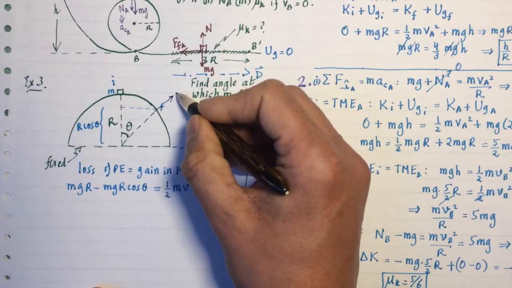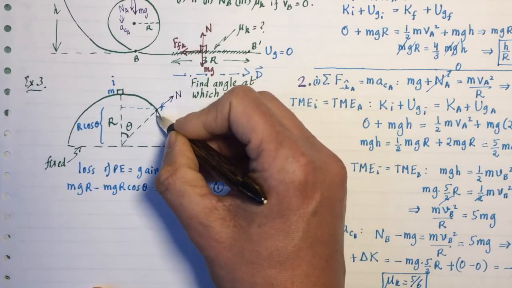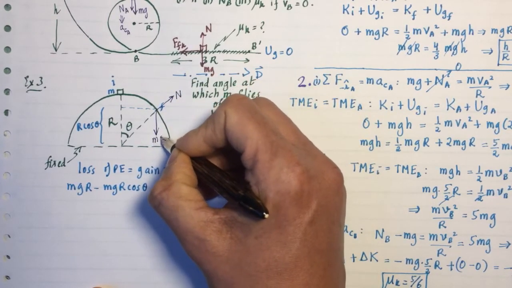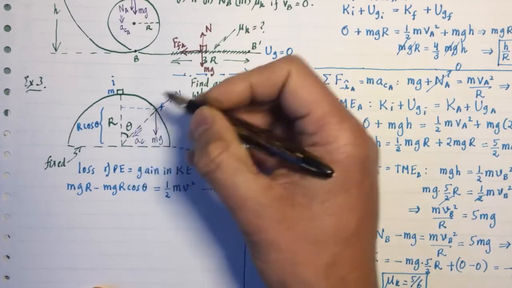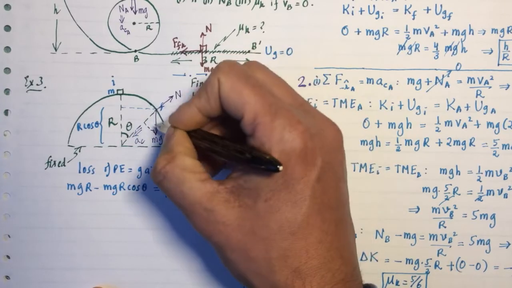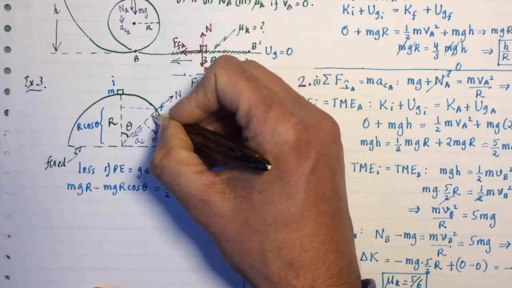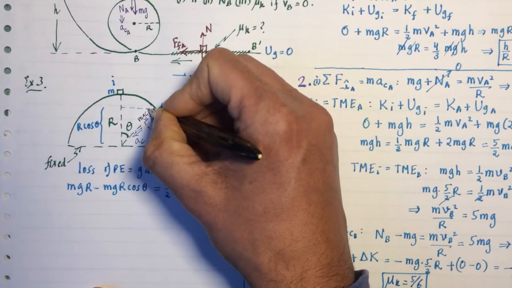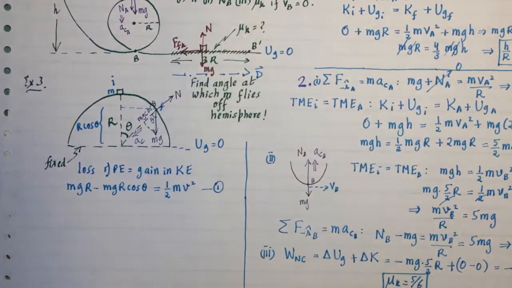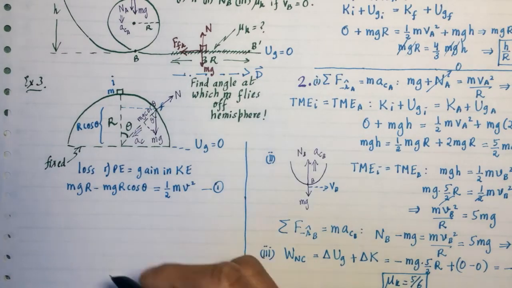Now we have to apply Newton's second law at the point where it flies off. Let's call this normal force N. That's mg. And that's the centripetal acceleration, a sub c. The component of the weight in this direction, since this is also theta, is going to be mg cosine theta. So rather than draw a force table, I just did what I needed there.